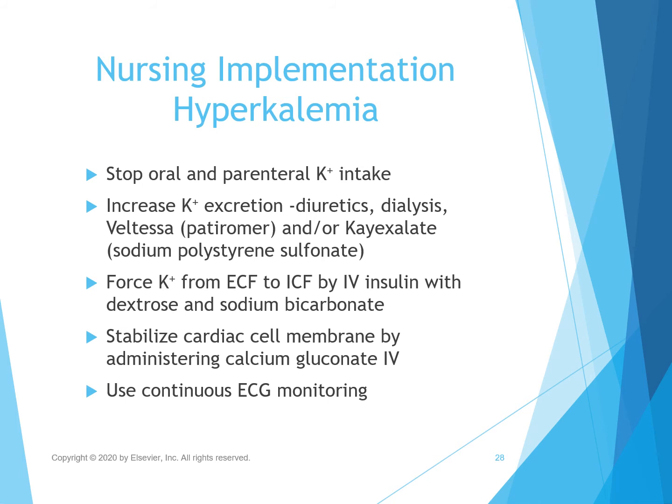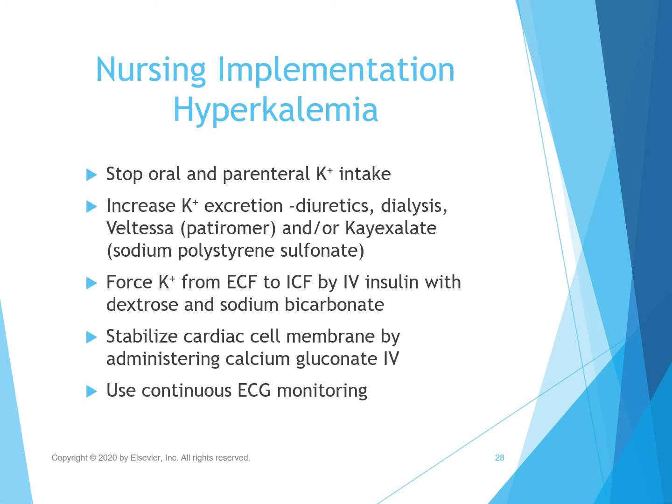So you'd have to give D5 because you're giving insulin to a patient, and then you would also give sodium bicarb, and then we used to give calcium gluconate with that, so you'd either give sodium bicarb or calcium gluconate along with insulin and D5. And these are all given IV, and that would actually force the potassium back into the cell.